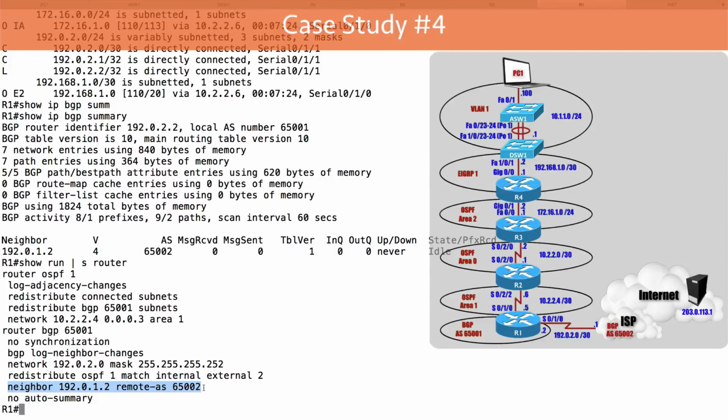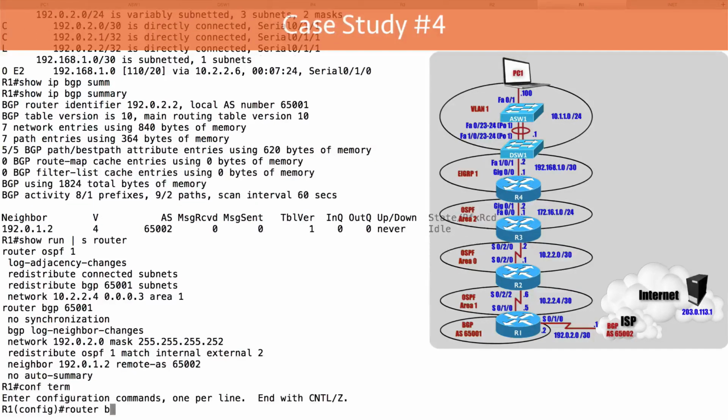That's something that's very easy to overlook. I just had a couple of numbers that were transposed. Something else that's easy to overlook is I might have had a couple of numbers transposed in the remote autonomous system number. In this case, that looks correct, but it's something to watch out for in the real world and on the exam.